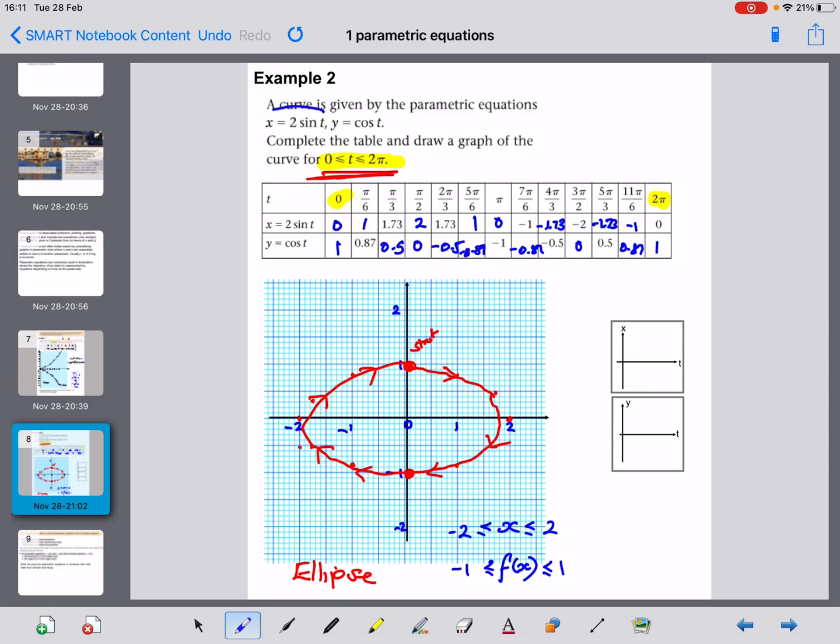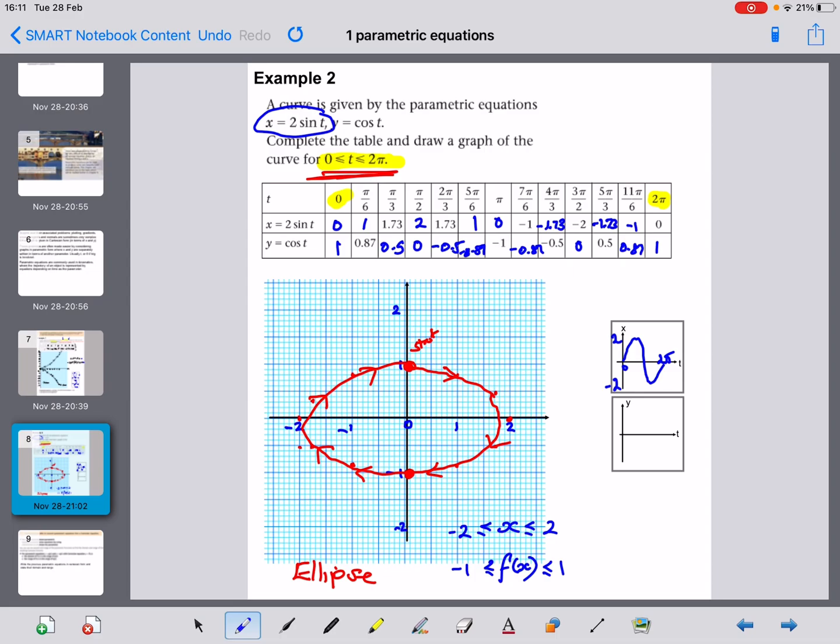If you think of x equals 2 sine t and draw it on my little axes, it would look like that, where that's at 2, that's at -2, that's 0, and that's 2 pi. So for t from 0 to 2 pi, the x values range from -2 to 2.